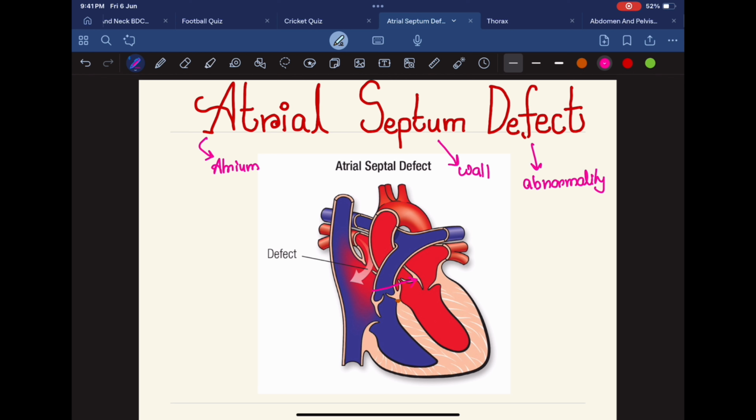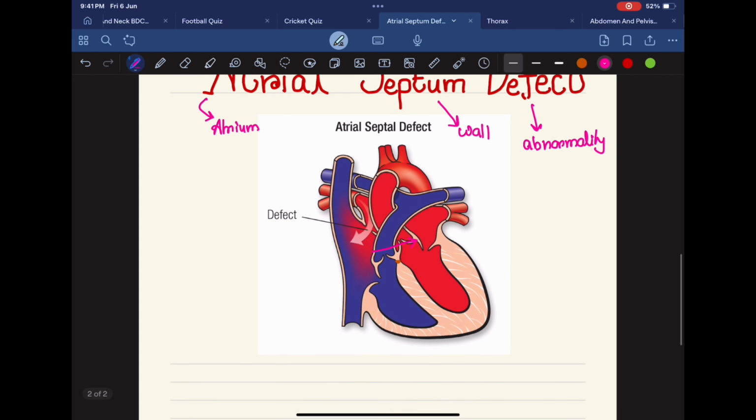Basically, what happens in atrial septal defect is a hole in the wall between the left and right atrium. Blood transfers from the left side to the right side through the foramen ovale, which is present in the embryological period.